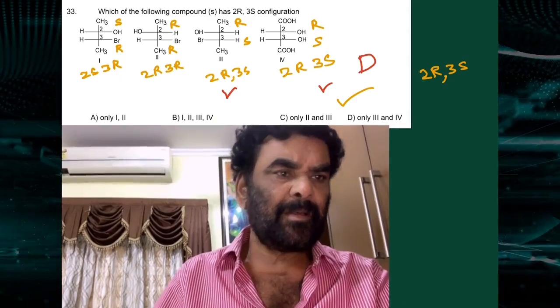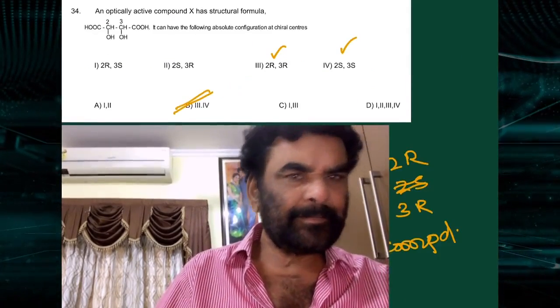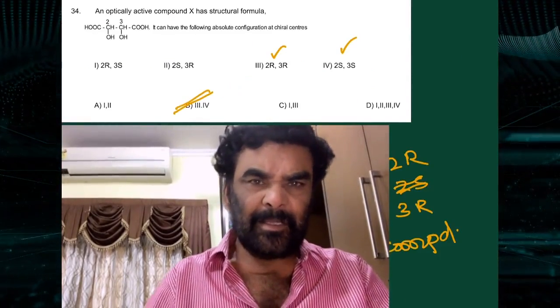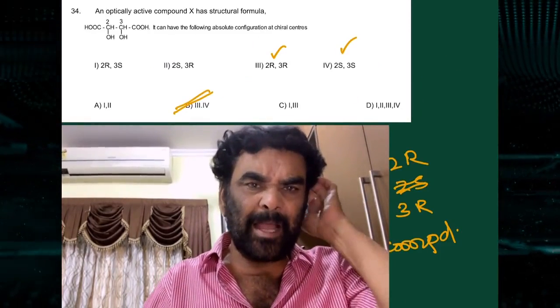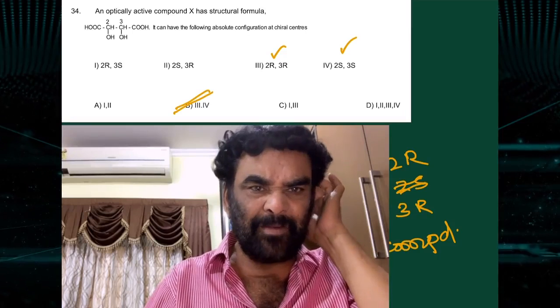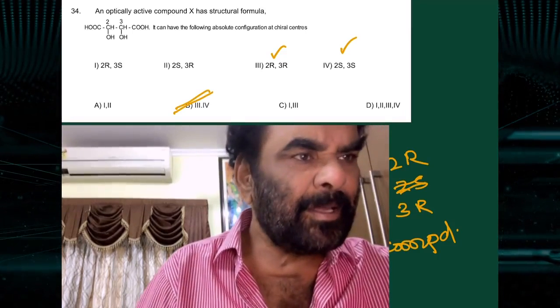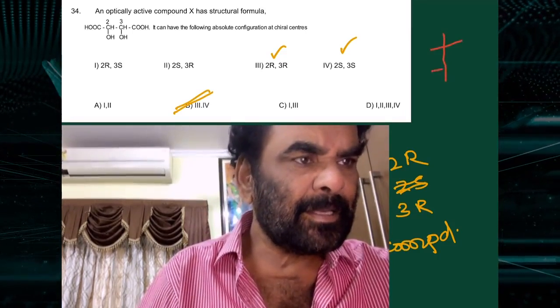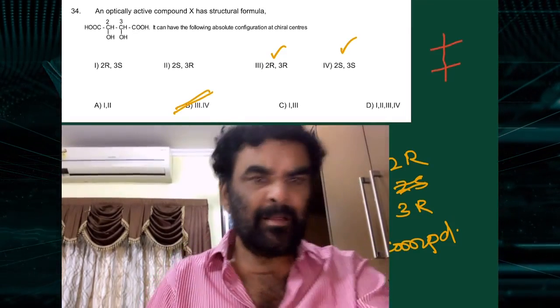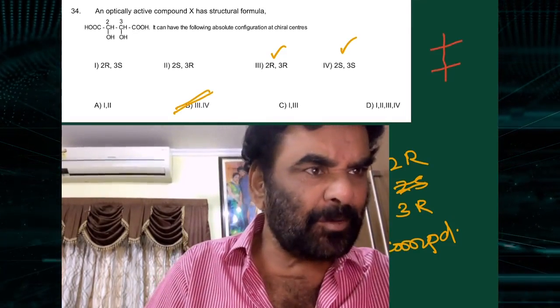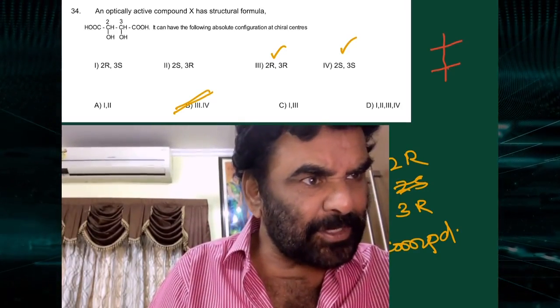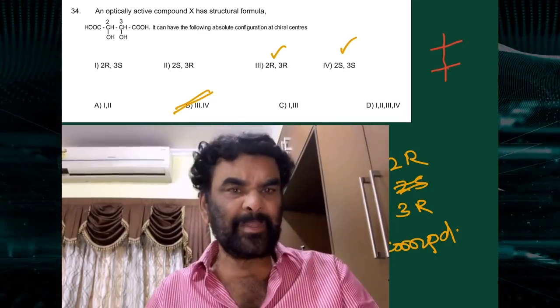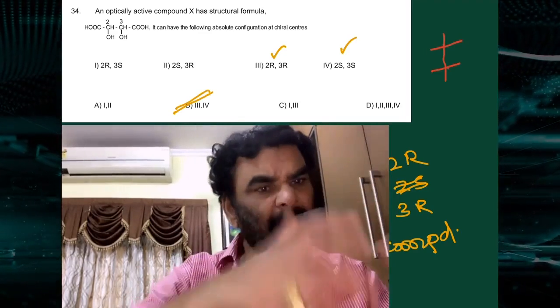And the next one. See, tartaric acid is given. Optically active compound X has a structural formula as in this. They should have the same configuration at both centers, that is, RR configuration. If the configuration at this center is opposite to this center, in tartaric acid the optical effect is nullified.